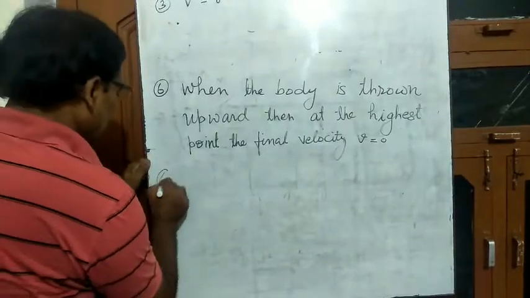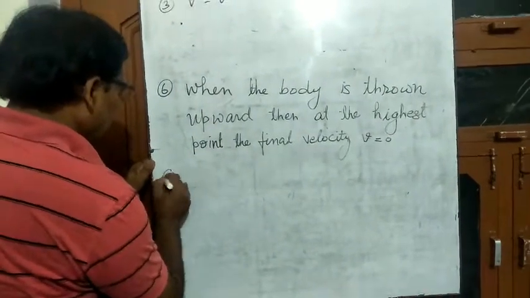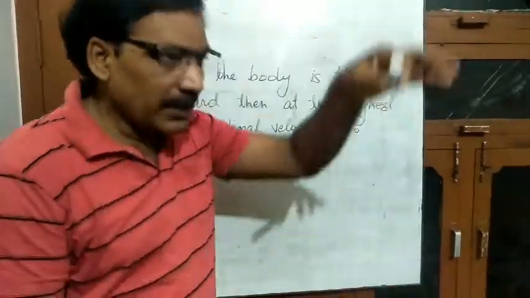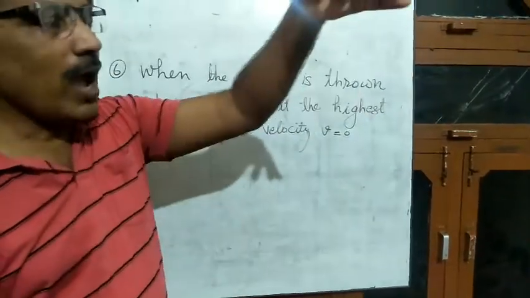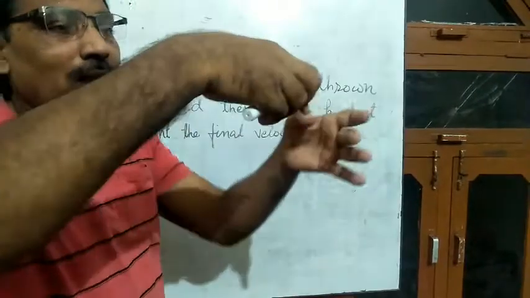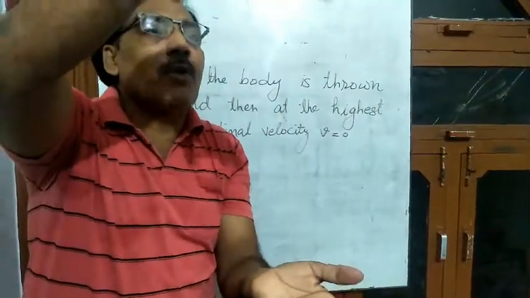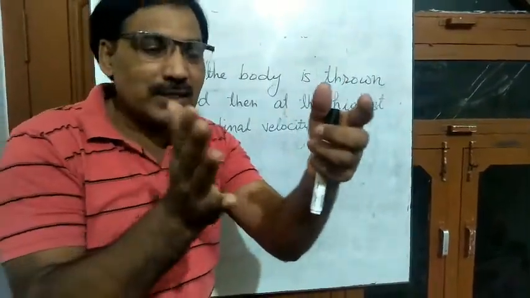Number 7: if suppose a body is dropped, just released, you have given no initial velocity. Try to understand the difference.